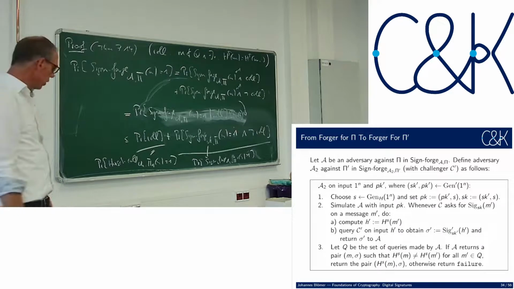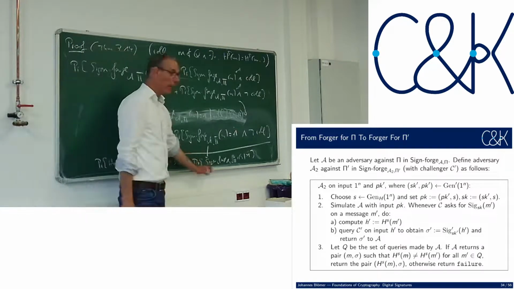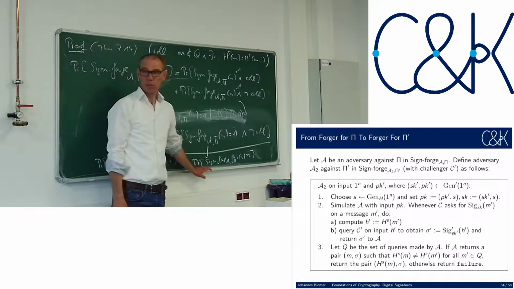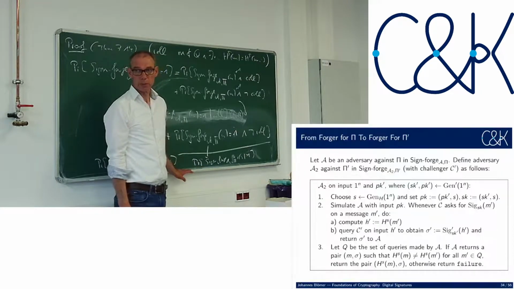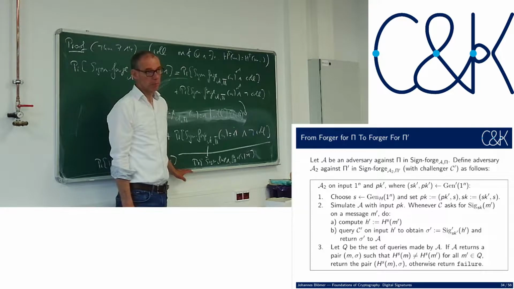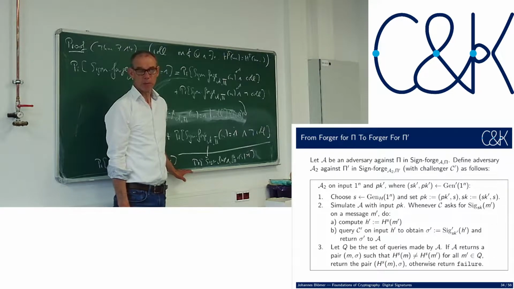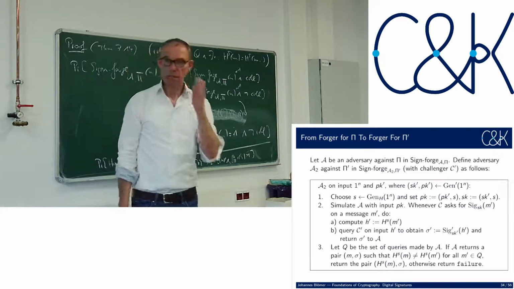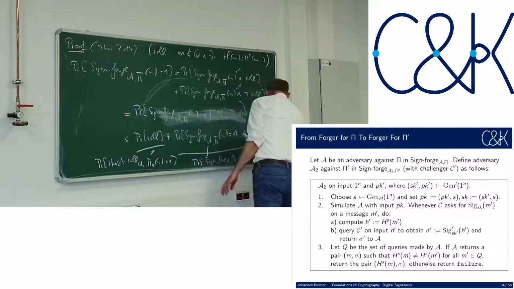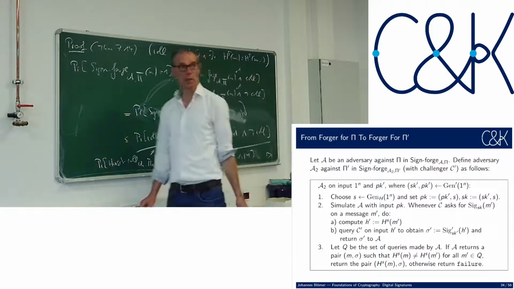And since we assume that pi prime is secure, this must be negligible. This here was already shown to be negligible because H, or gen pi H, is a collision resistant hash function. The sum of two negligible functions is negligible, and we are done.